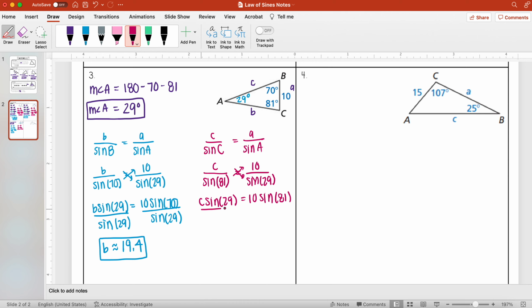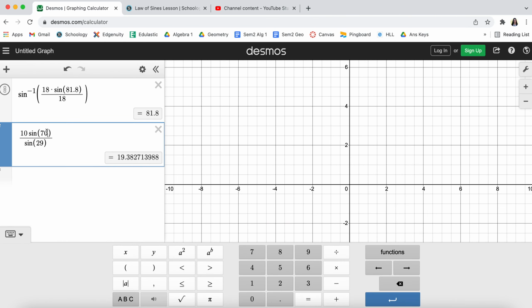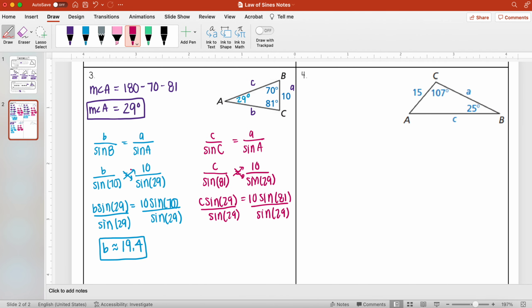And then I'm going to divide both sides by sine of 29. So I have 10 sine of 81 divided by sine of 29. And rounding to the nearest tenth, I get 20.4.